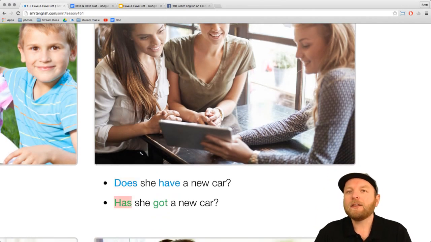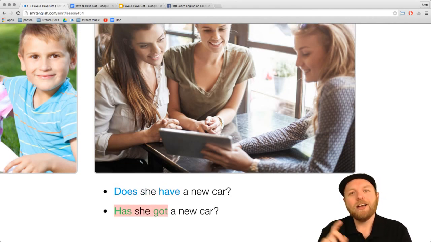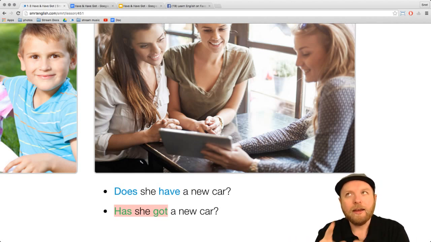Have is the helping verb. So look, does she have? We say has she got? Has she got? Yes, she, what's the helping verb? Yes, she has. No, she hasn't.